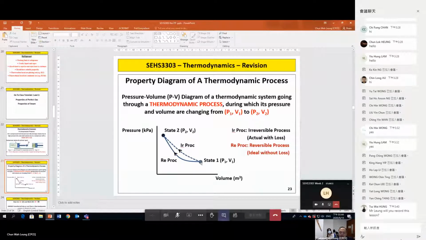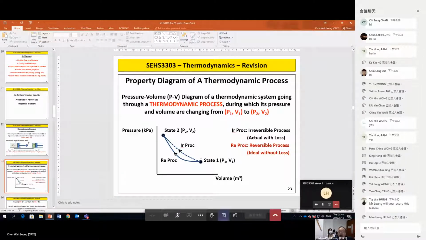So we can apply work and compress it to high pressure, then take out the work, and it can be reversed back to the original point. Because there is no loss, we can do it. So an ideal process refers to a process with no loss, and we call this kind of process a reversible process.